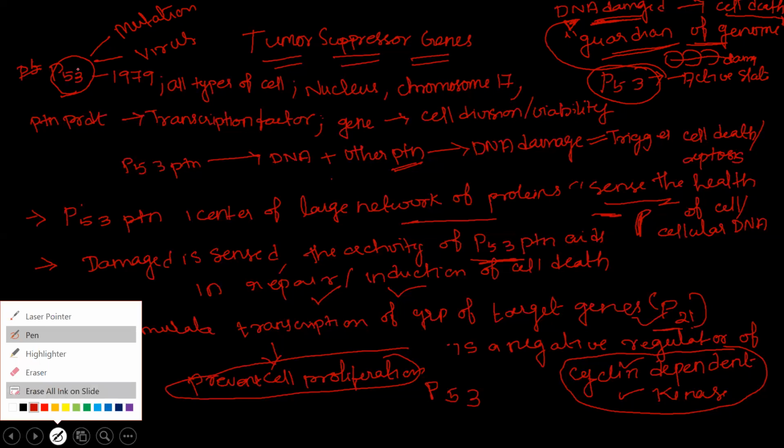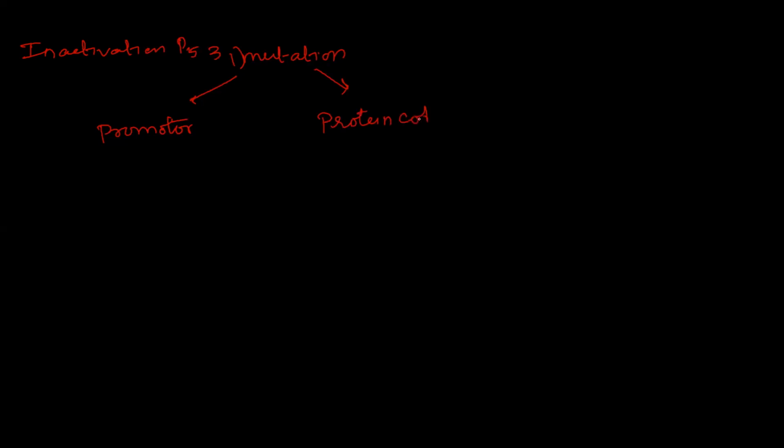As mentioned, inactivation of P53 can be done by mutation. There are two ways in mutation itself: a mutation occurring in the promoter region, and a mutation occurring in the protein coding region.